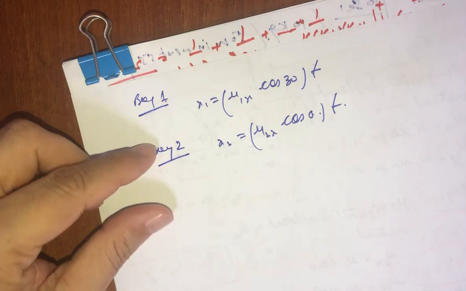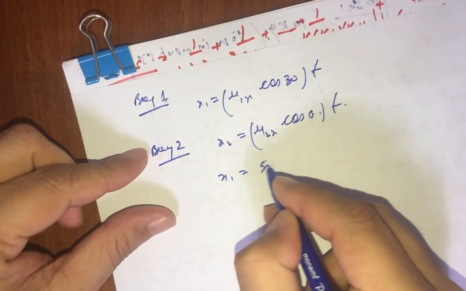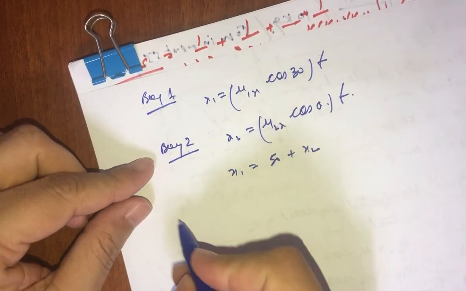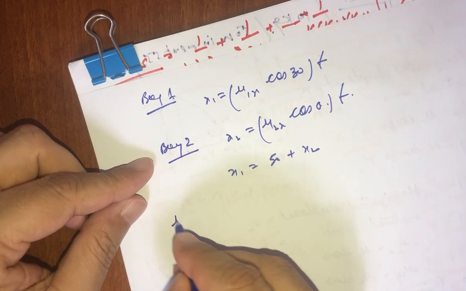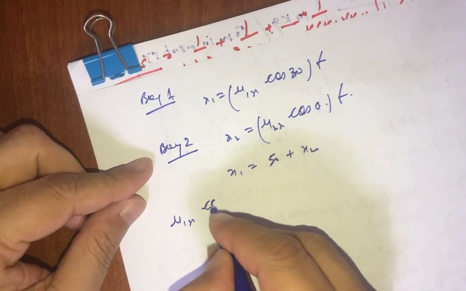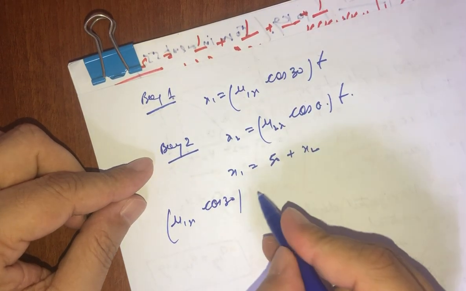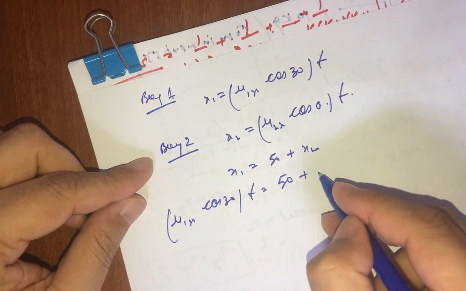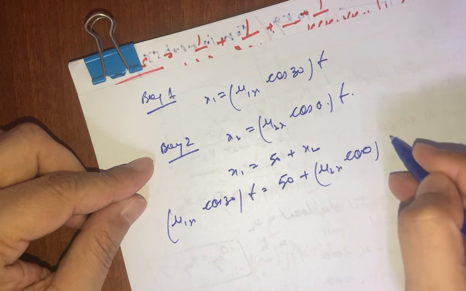We already know the relationship between x1 and x2. So x1 is equal to 50 plus x2. Substituting the values, we get u1x cos 30 multiplied by t equal to 50 plus u2x cos theta multiplied by t.